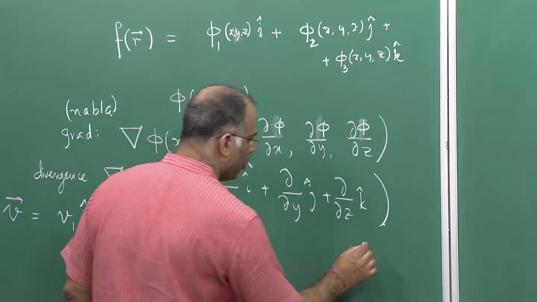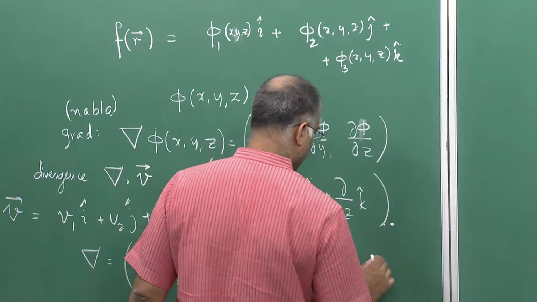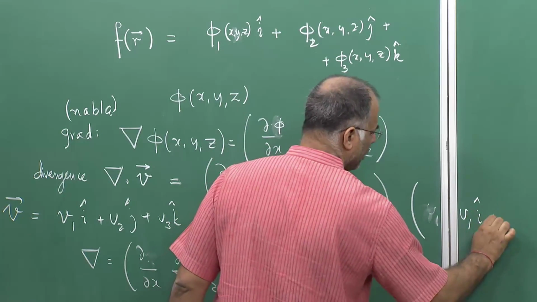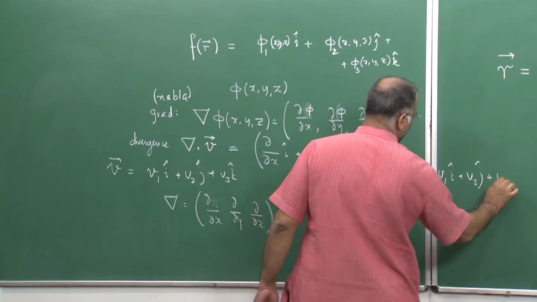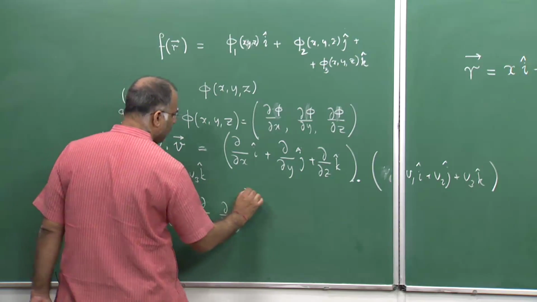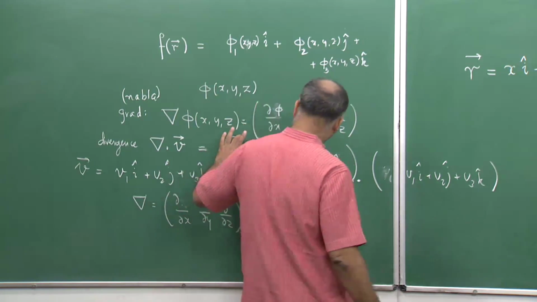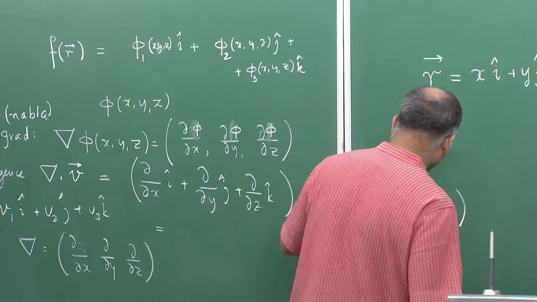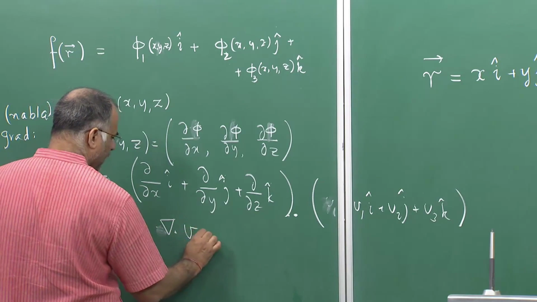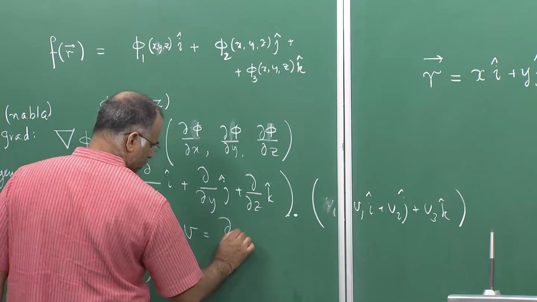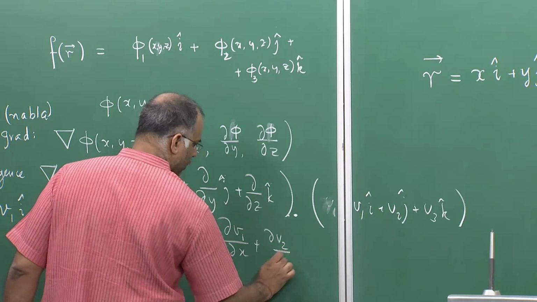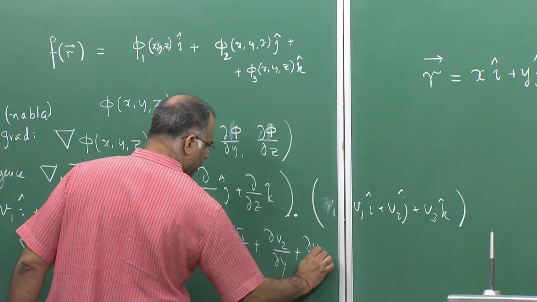And you take an inner product, a dot product, with v1 i vector, v2 j vector, v3 k vector, where v1, v2, v3 can all be functions of x, y, z. So finally you take d/dx of v1, d/dy of v2, d/dz of v3. So del dot v finally becomes a scalar, which is del v1 by del x plus del v2 by del y plus del v3 by del z.